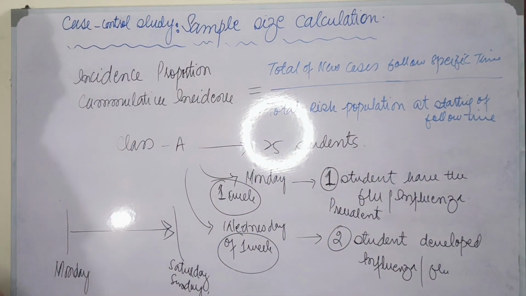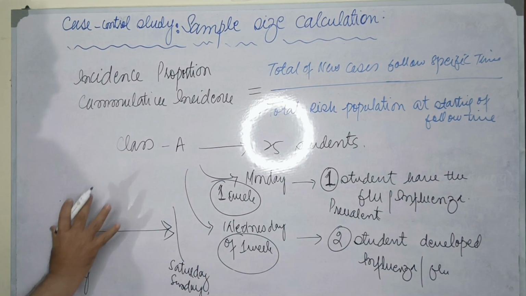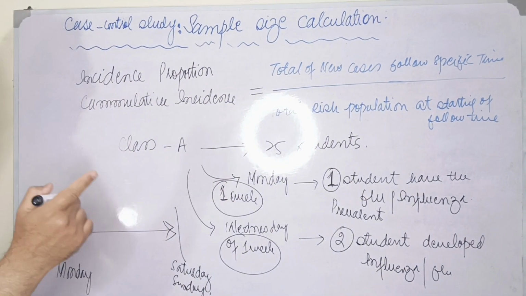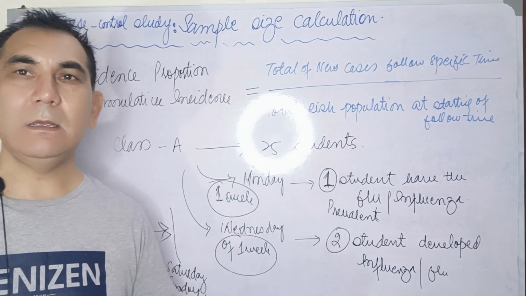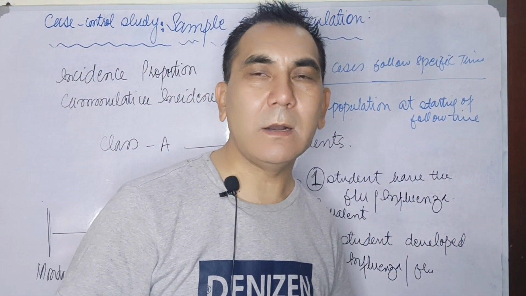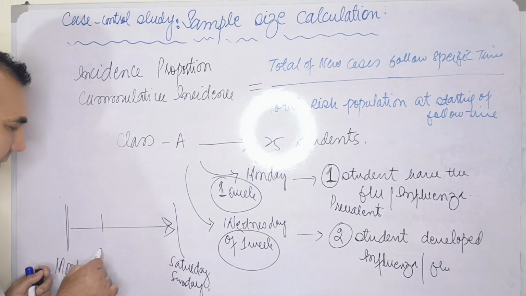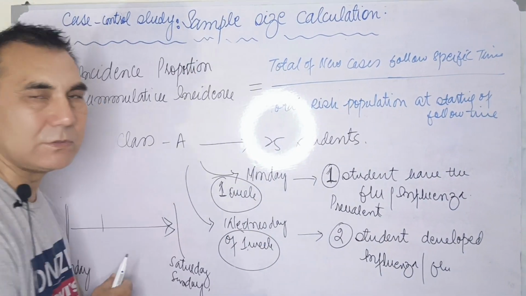Okay, now on the first day, the Monday, one student entered that class who already has the flu or influenza. On the Wednesday, the third day, two students developed the influenza.